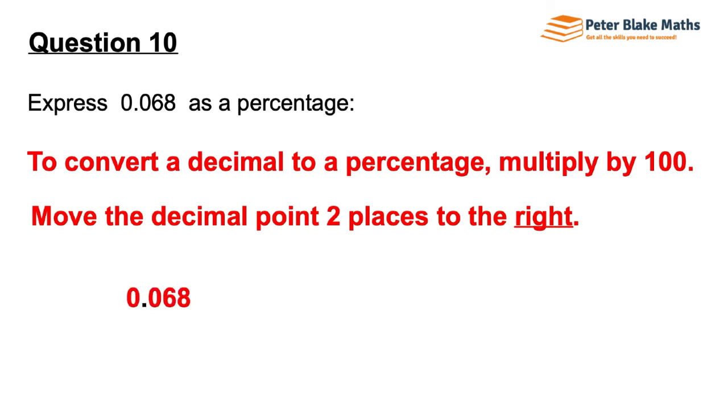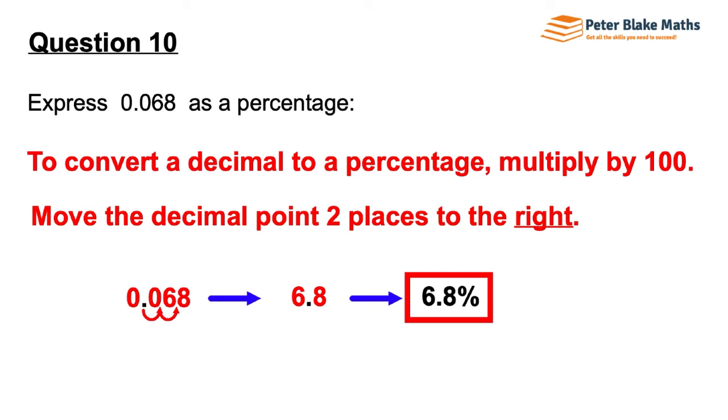If we do that with this number here, the decimal point will move across to be between the 6 and the 8 for our final answer. We'll definitely have to leave it in there this time instead of it disappearing. Anyway, when we express 0.068 as a percentage, we get a final answer of 6.8%.